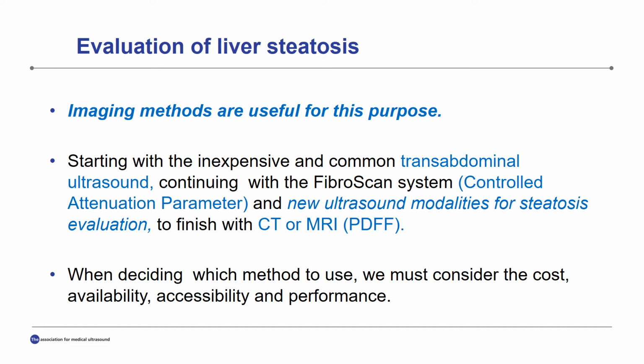It's quite a good standard at this moment. When we decide which method to use, we must keep in mind the cost, the availability, the accessibility, and the performance of each.